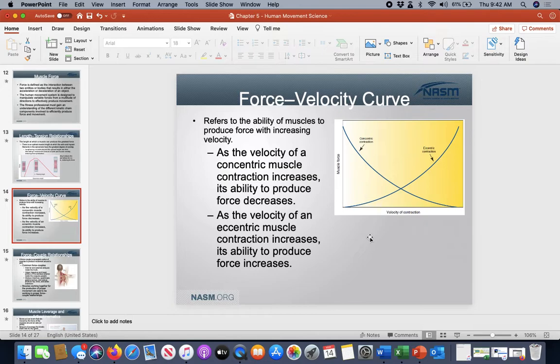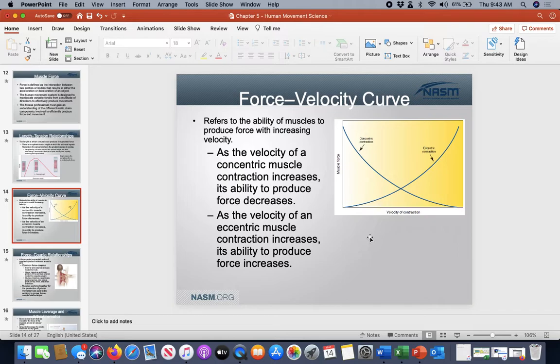That's why, when people are doing plyometrics, as velocity changes in eccentric, it's able to create this counter effect of an explosive jump, like a plyometric jump, because you're absorbing and then releasing.